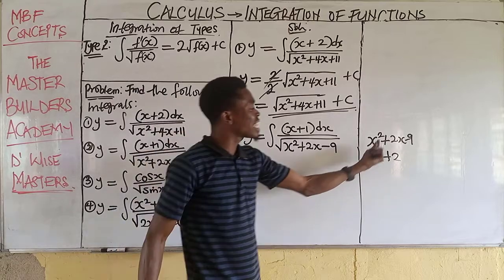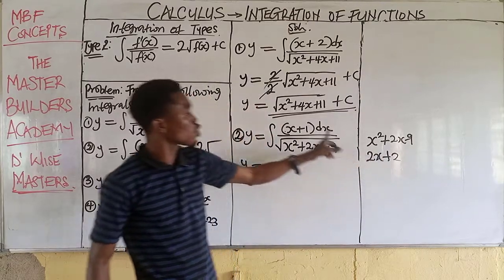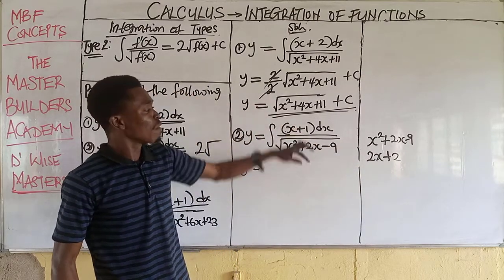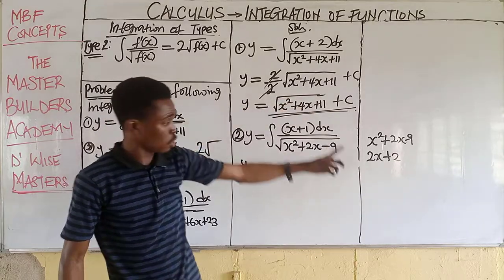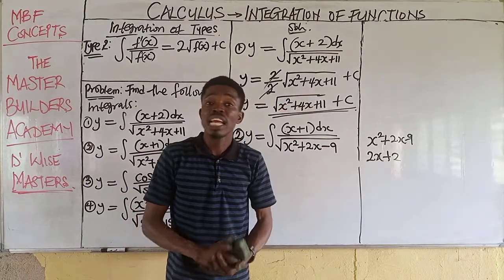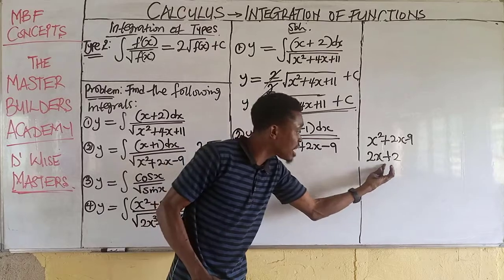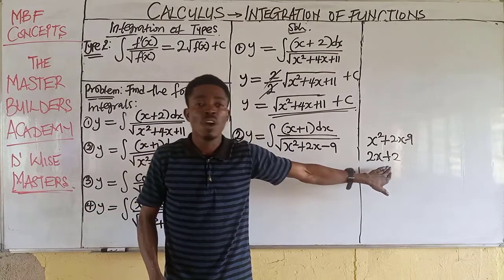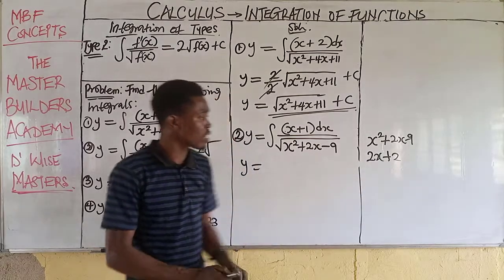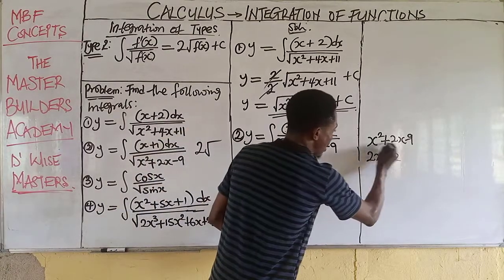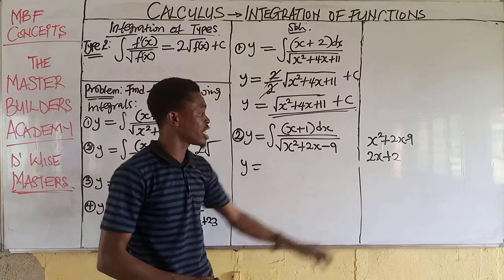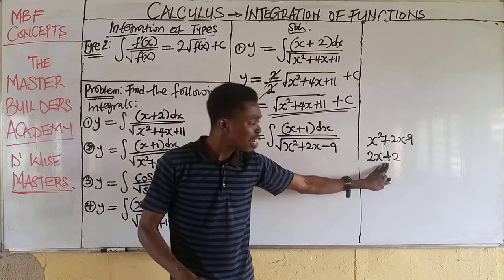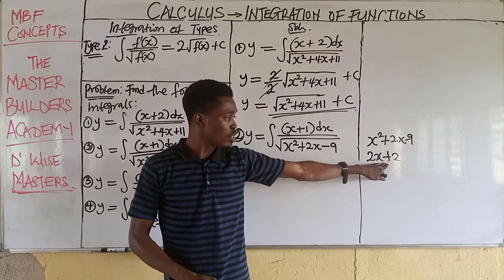Now, when we compare the derivative of the denominator to the numerator of the given function, we find that the numerator is a linear function and the derivative of the denominator is equally a linear function. That means there is a possibility of deducing the numerator from the derivative of the denominator. Now, if this is understood, let's quickly check if we can factorize any of these functions, and it is possible for us to factorize the derivative of the denominator.